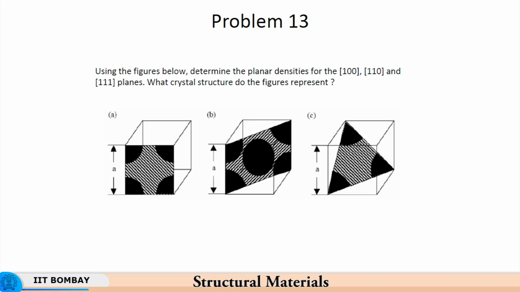Now, each triangle is an equilateral triangle, and each side is root 2 a, because this is a square with side a, so the diagonal is under root of 2 a square, which is a root 2.